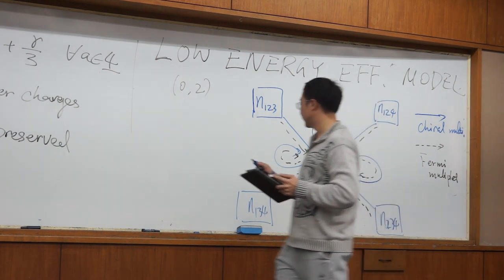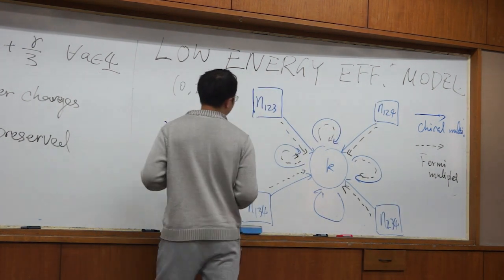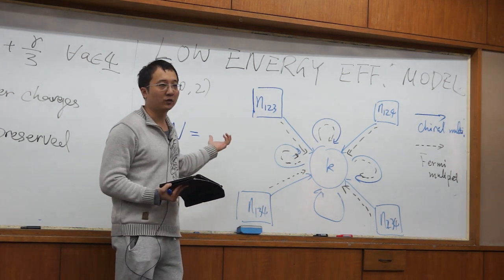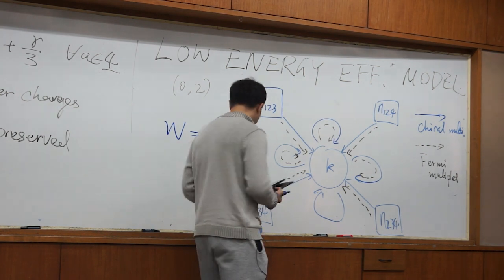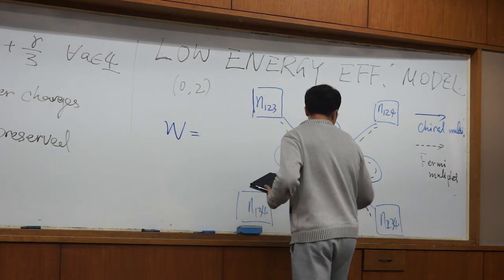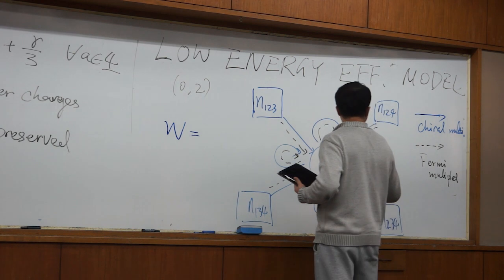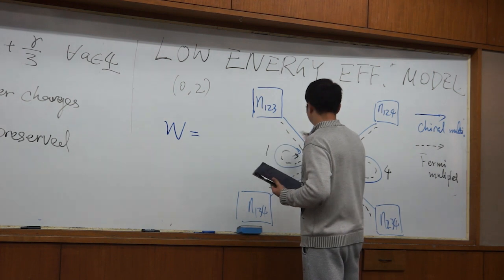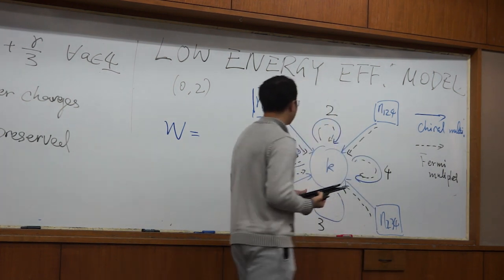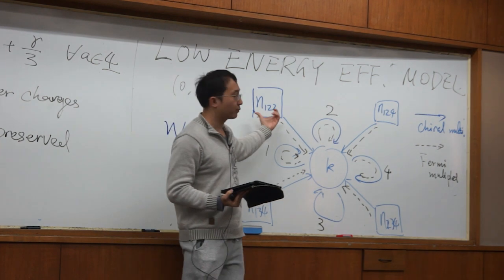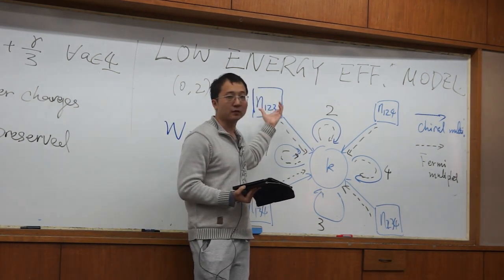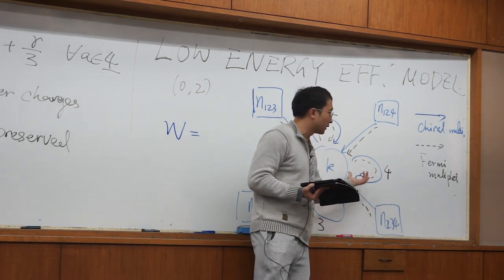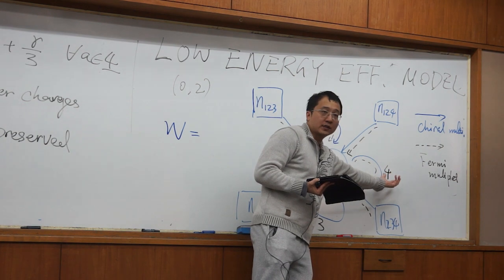And we can also write down the superpotential for this model. Because it's a bit too complicated, I won't write it down. But roughly, if I label these 4, 3, 1, 2, the basic idea is each matter multiplet coming from a D6 brane is coupled with the self-adjoint one with the opposite number.